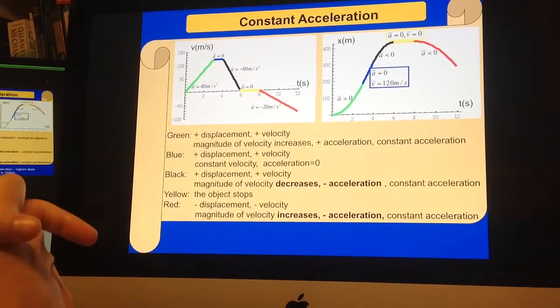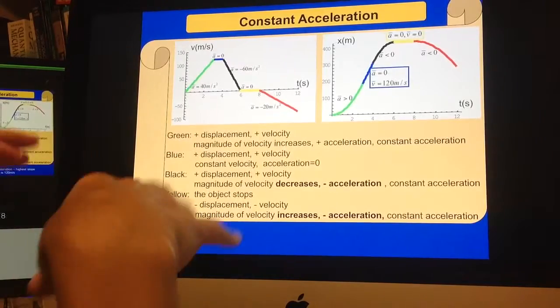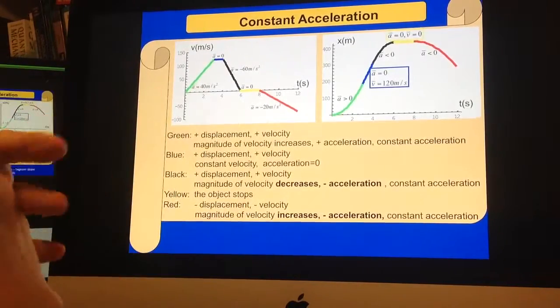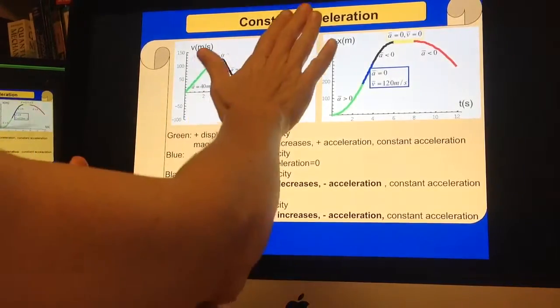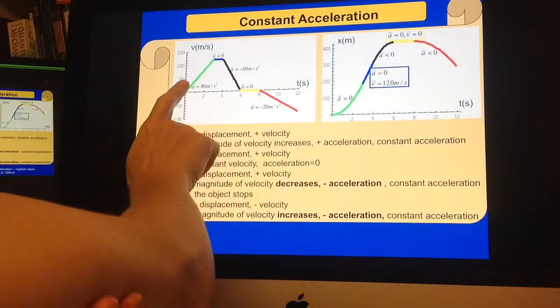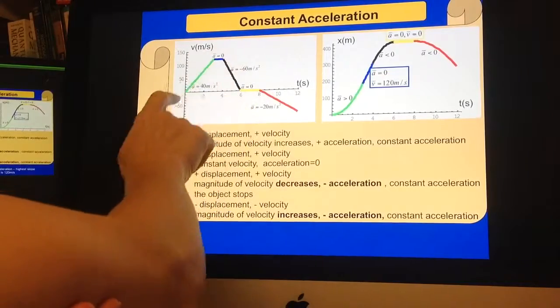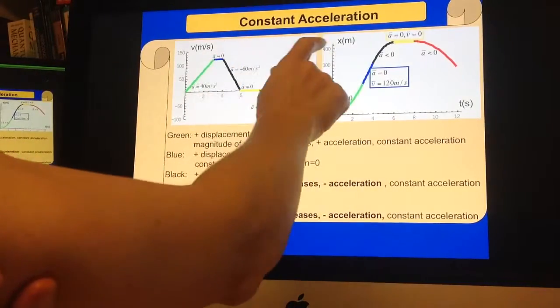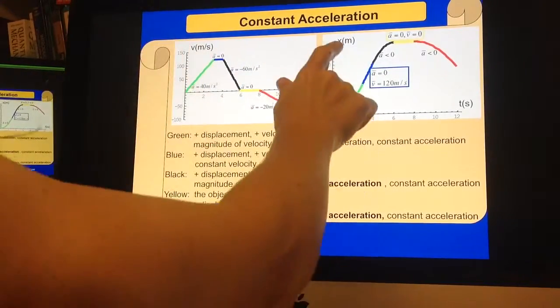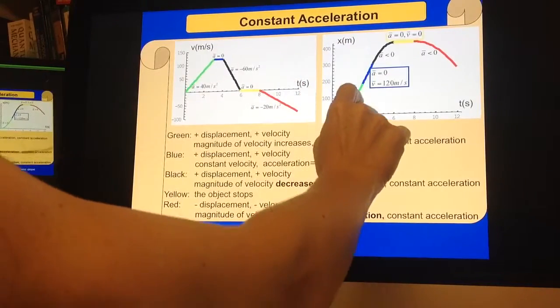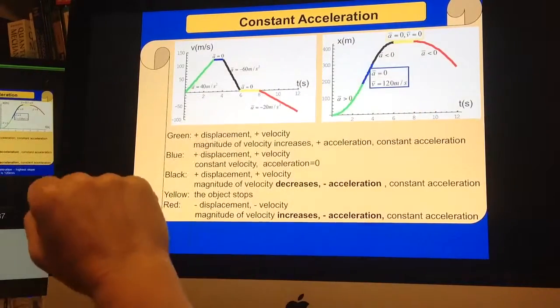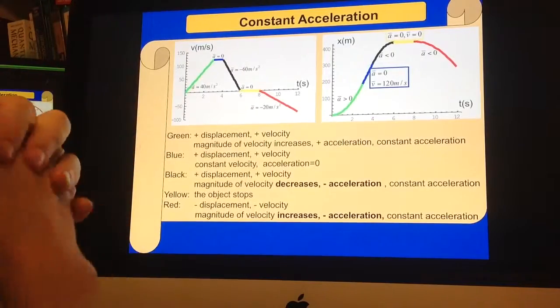Whenever we have acceleration different from zero, we have parabolas. Whenever we have constant acceleration, the plots for velocity are linear in time, so straight lines. And whenever acceleration is different from zero, the plots for position involve parabolas, because it's quadratic in time.